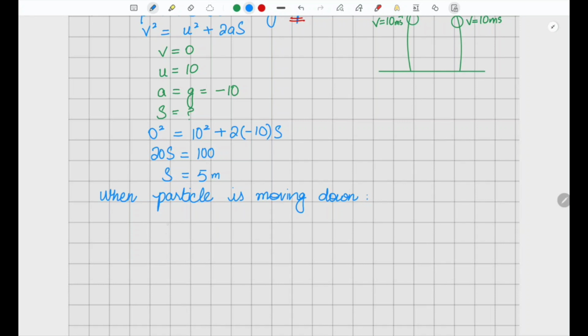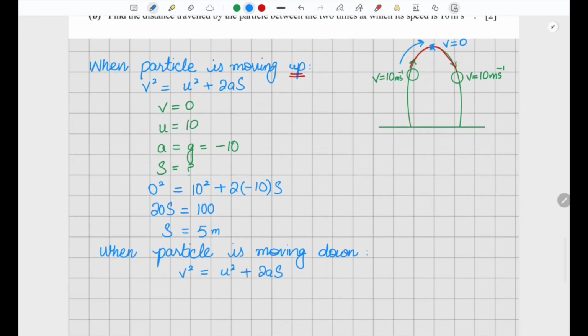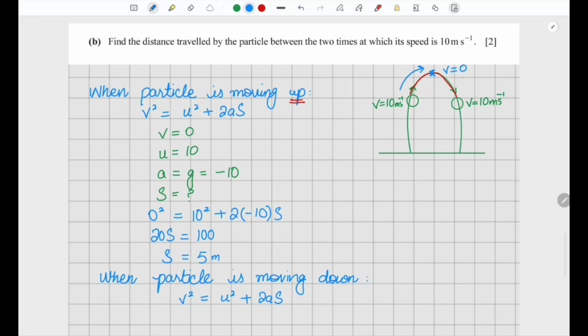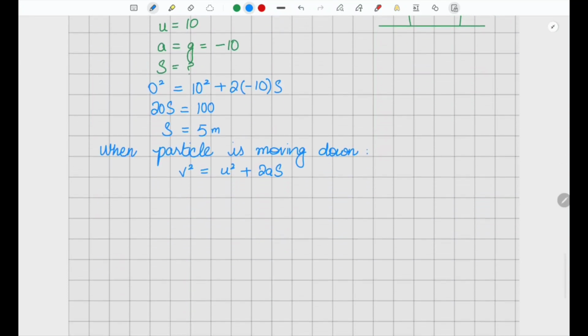Now when the particle is moving down, the same equation of motion we are going to use, v squared equals u squared plus 2as. For the second part of the journey, coming from here to here, initial is 0 and final is 10.